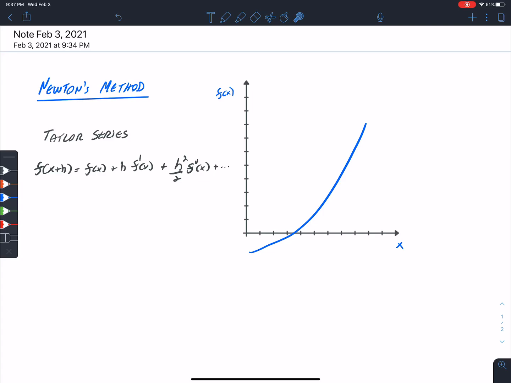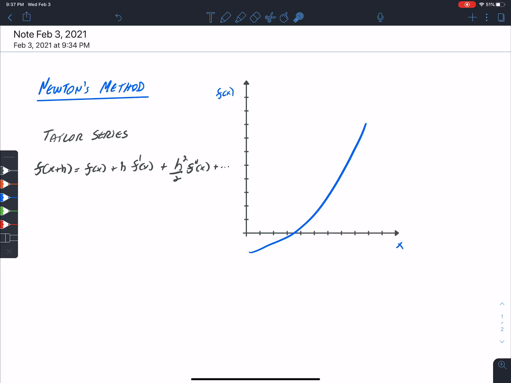Well, another way that we can write this function is through the application of Taylor series. So let's say we are in possession of knowledge of f of x, f prime of x, f double prime of x, and so on. Then we can estimate the value at some displacement from x, so at some x plus some h.